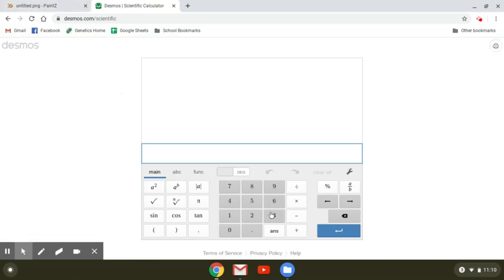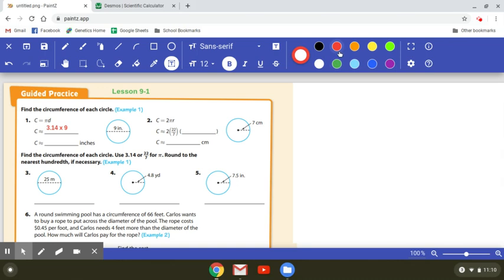All right, so 3.14 times 9 is 28.26. All right, so we'll just go ahead and put that in, 28.26 inches. And that's our answer.